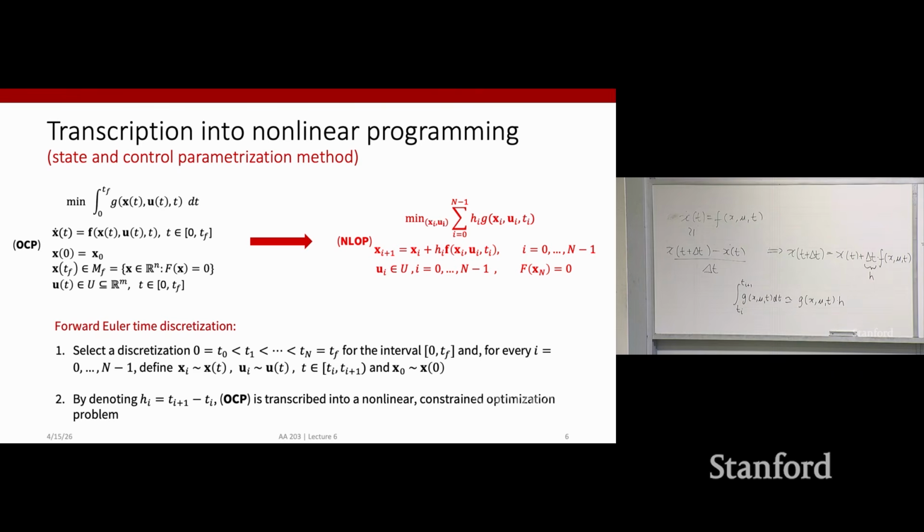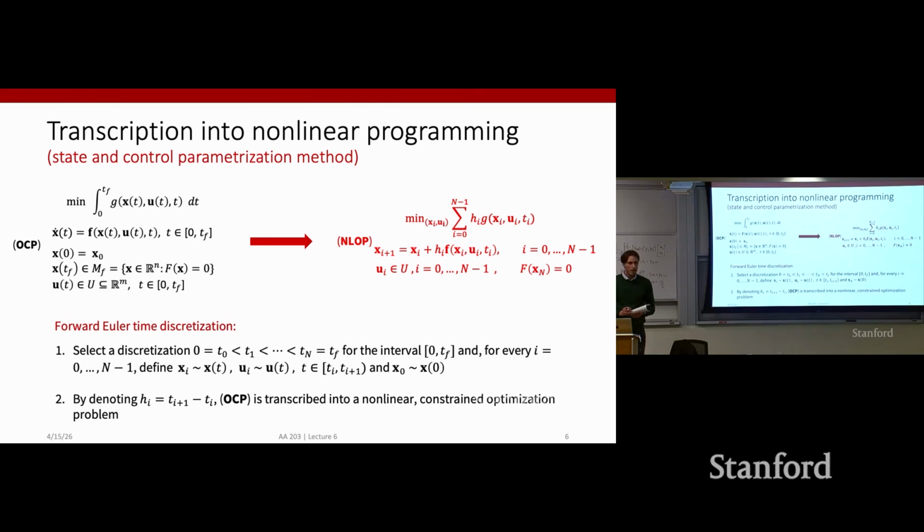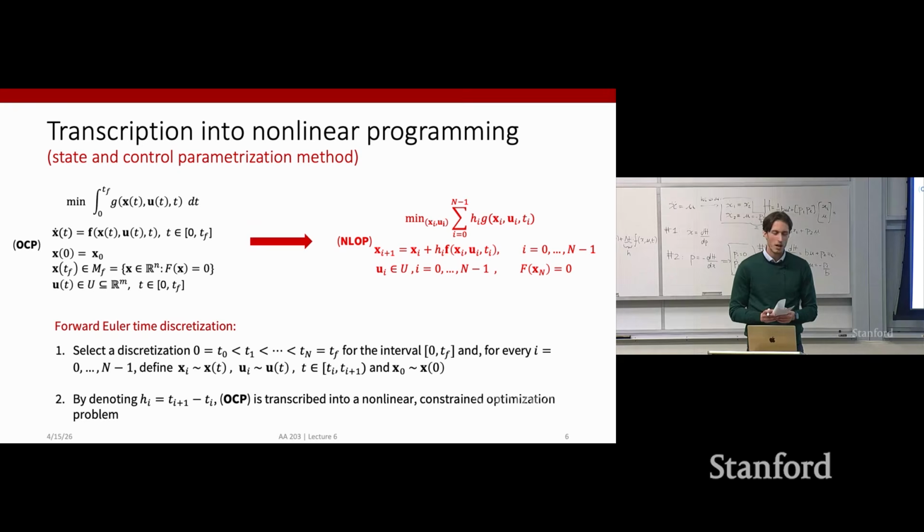Then you could say, why even bother spending 3 lectures on indirect methods if this is all you have to do to solve optimal control problems? Again, we said indirect methods have their benefits. I would say especially now in the age of LLMs, to be honest. I'm sure we all know that LLMs can do a great job at solving these PMP problems, aside from our homeworks, of course.